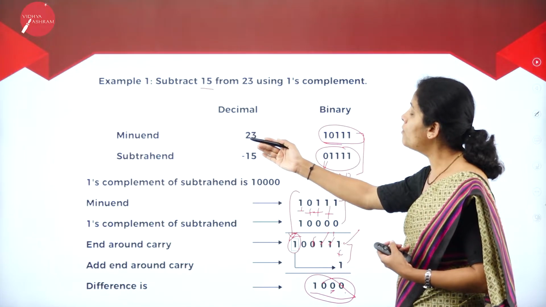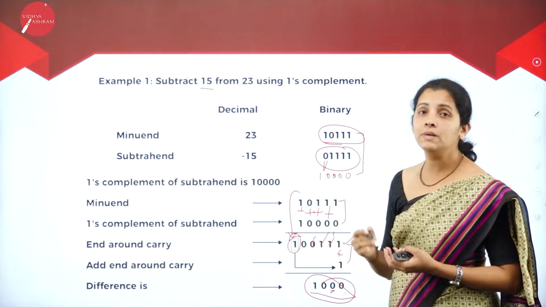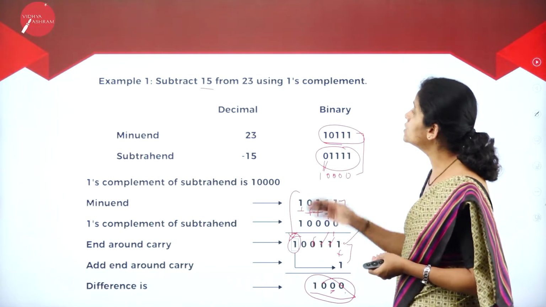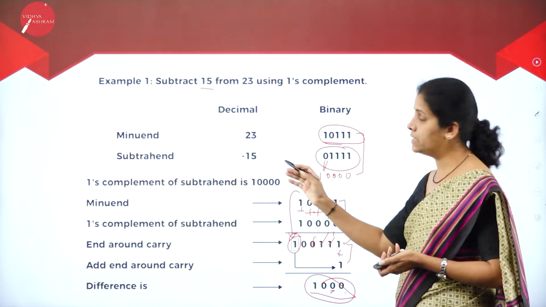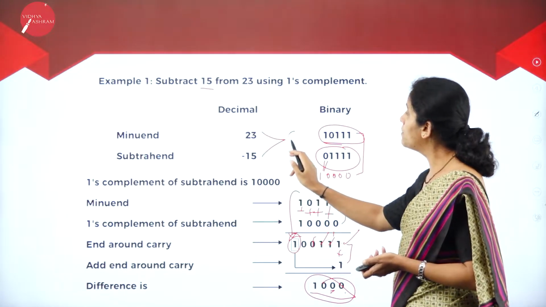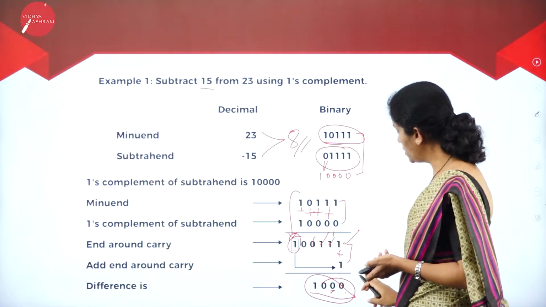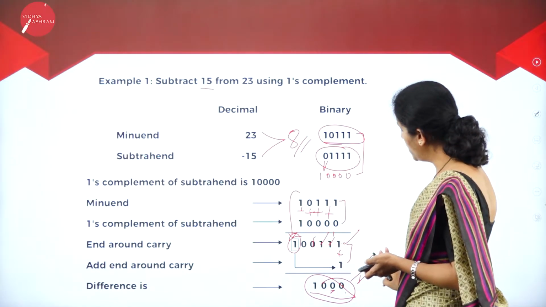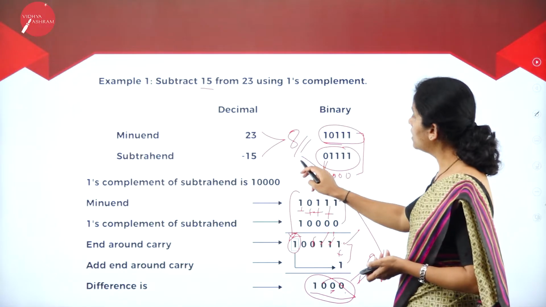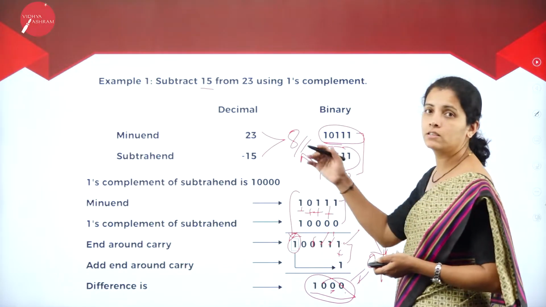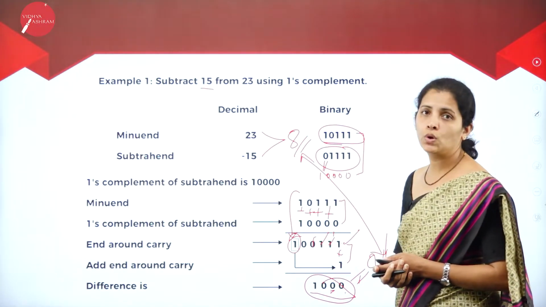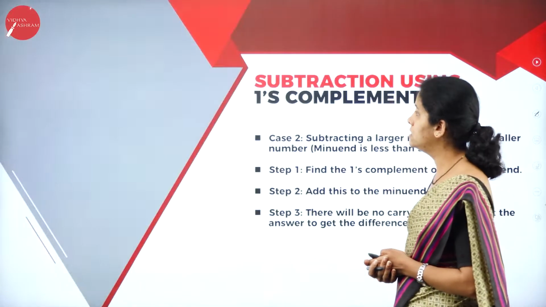If I perform directly decimal subtraction, that is 23 minus 15, what is the value I'm getting? It is 8. So both are correct. This is the way I can cross verify my result.